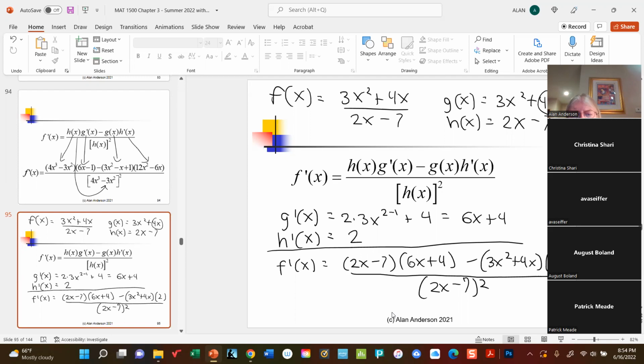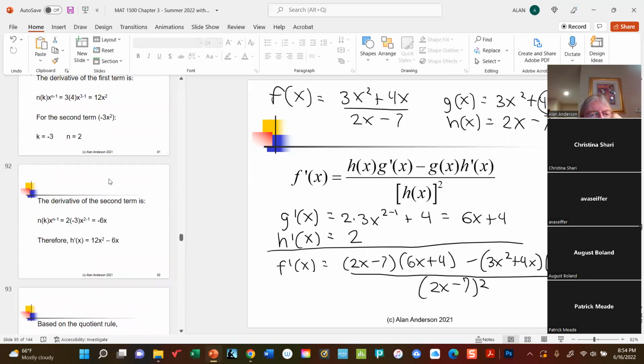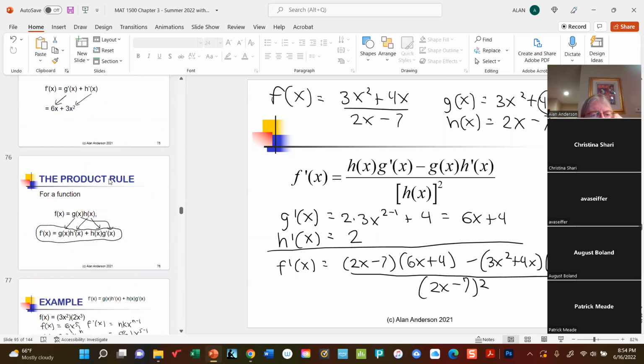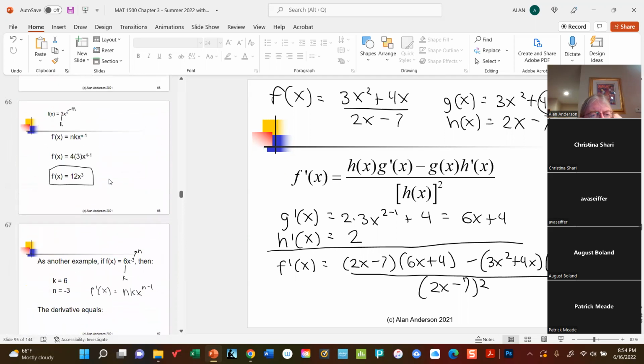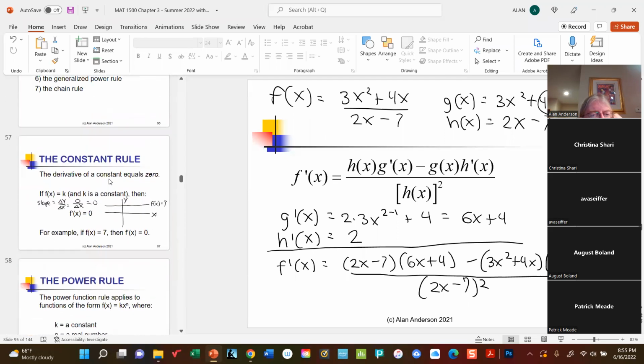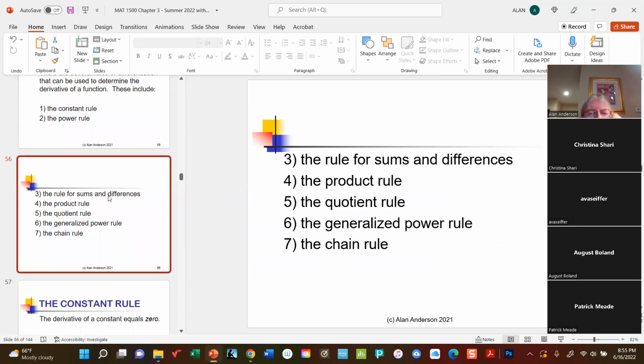So anyway, we've gotten through quite a few of these rules. Just go back and look at the list again. What is missing? I've saved this one for last.